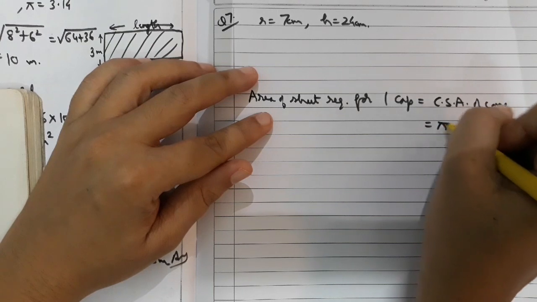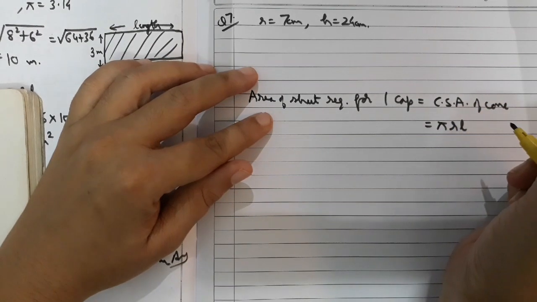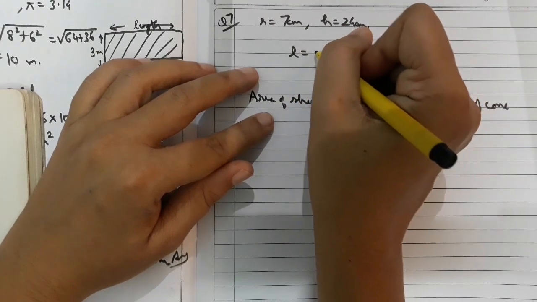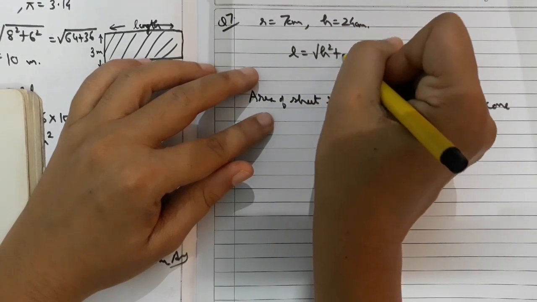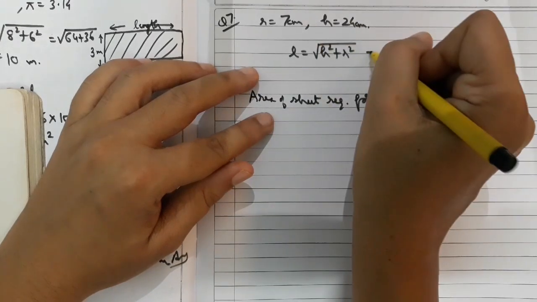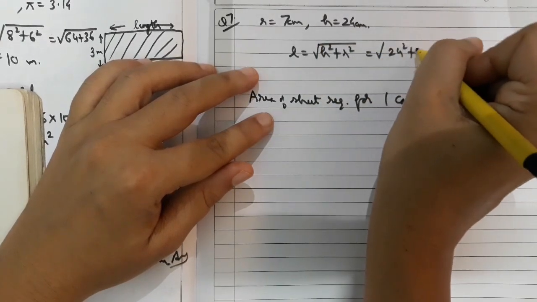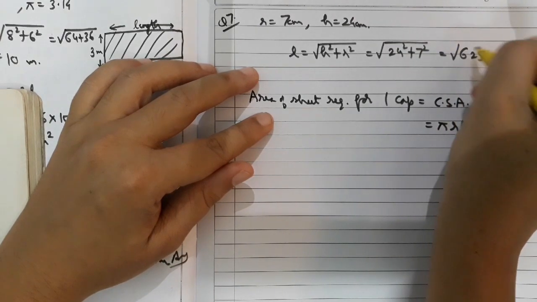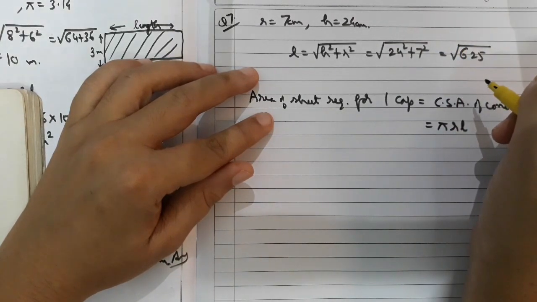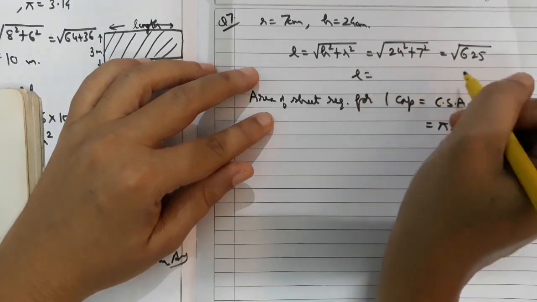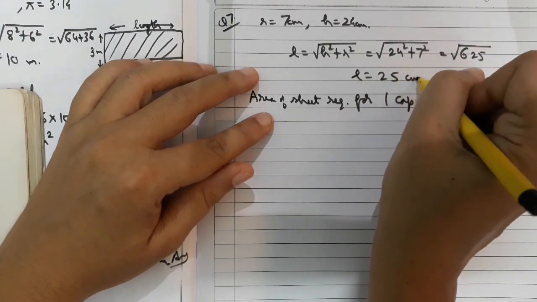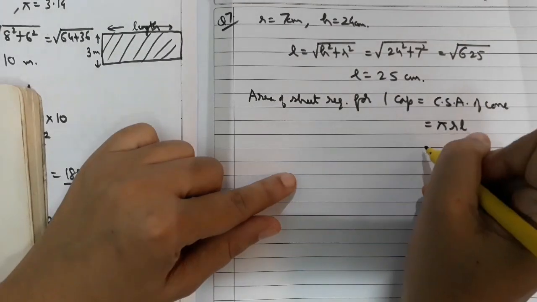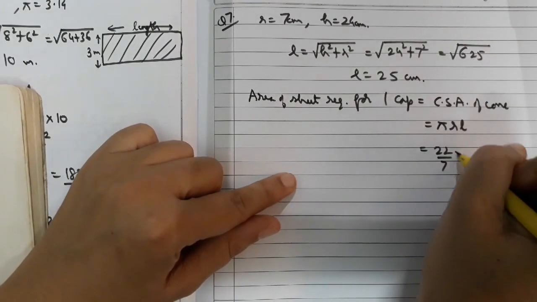And we know that the curved surface area of the cone is pi r L. So first of all, we need to find out the slant height L. L we know is under root h square plus r square. We substitute the values and simplify it. So this comes out to be under root 625, and under root 625 is 25. Therefore the slant height is 25 centimeters. Now we substitute the values here.